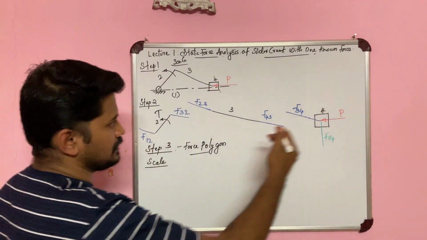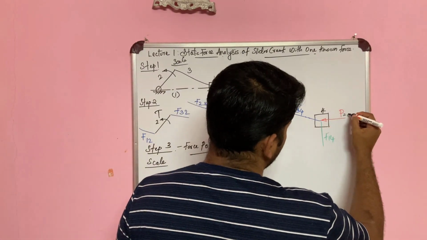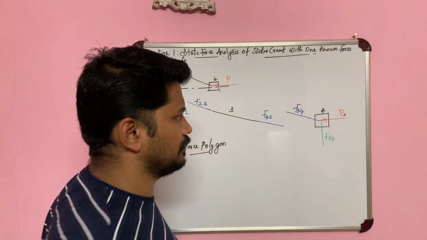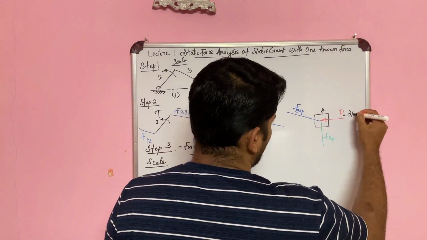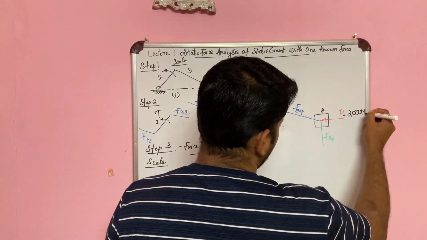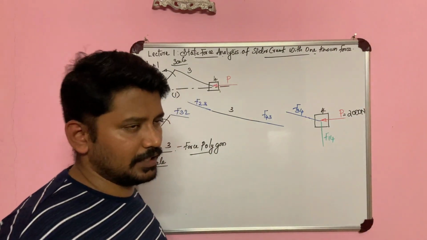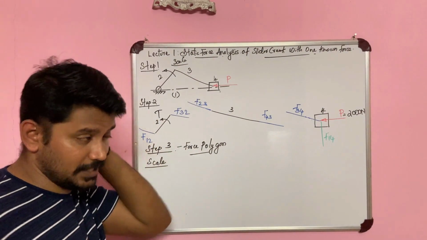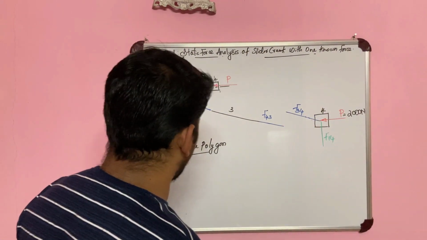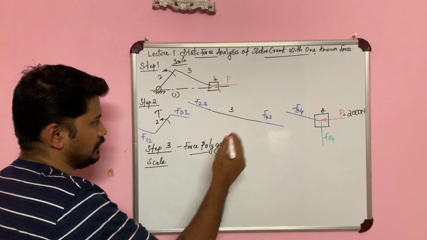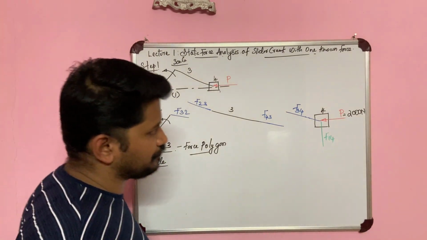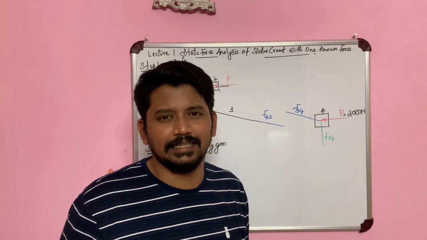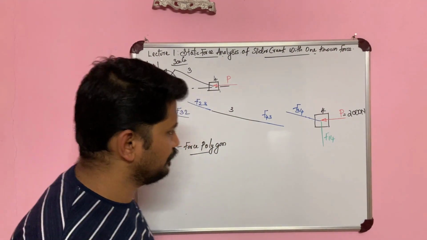So here, suppose P is given as, let us take a random value, 2000 Newton or something. So P is known to us. In the question, it will be given to us, because that is the only known force that we have. So P is 2000 Newton. So I am taking P as maybe 10 centimeters or 100 mm.